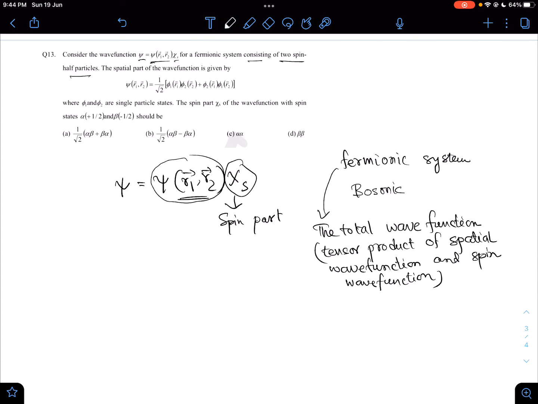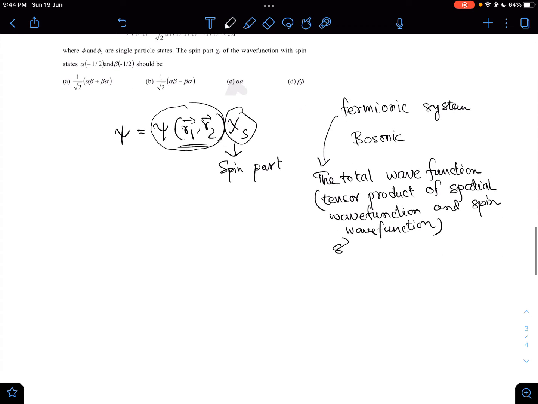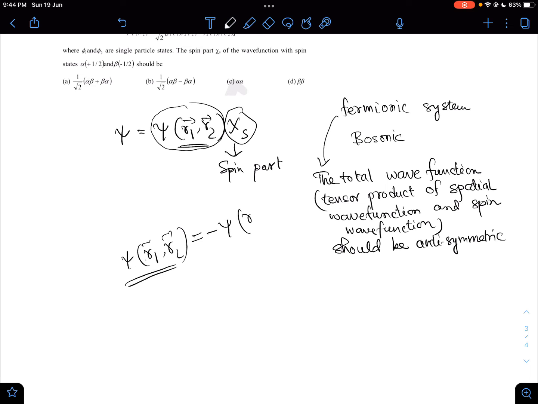For a fermionic system, the total wave function should be antisymmetric. Antisymmetric means that if psi is antisymmetric, then if we flip r1 and r2, we will get the negative of this. So this is antisymmetric.